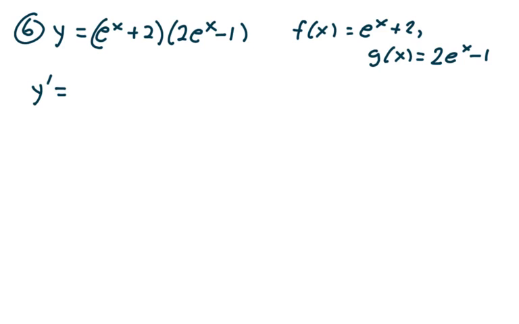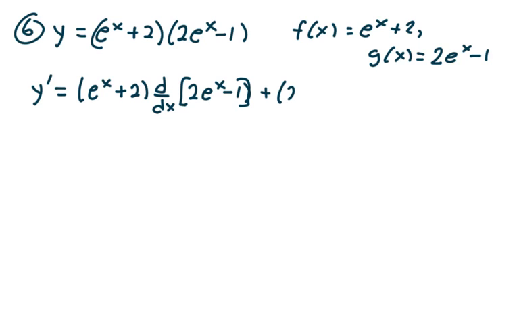So I'm going to write down the first function, which is e to the x plus 2, and I'm going to multiply that by the derivative of the second function, which is 2e to the x minus 1. And then I'm going to write down the second function, which is 2e to the x minus 1, and I'm going to multiply that by the derivative of the first function, which is e to the x plus 2.